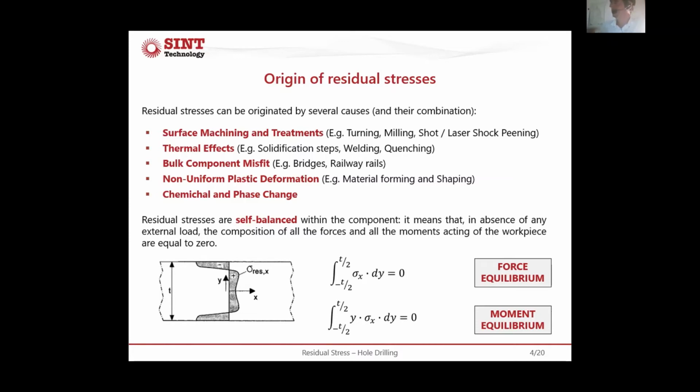But also non-uniform plastic deformation during material forming and shaping, or chemical phase change, mainly connected with polymeric materials, which are also subjected to residual stress, of course. So there are several reasons.